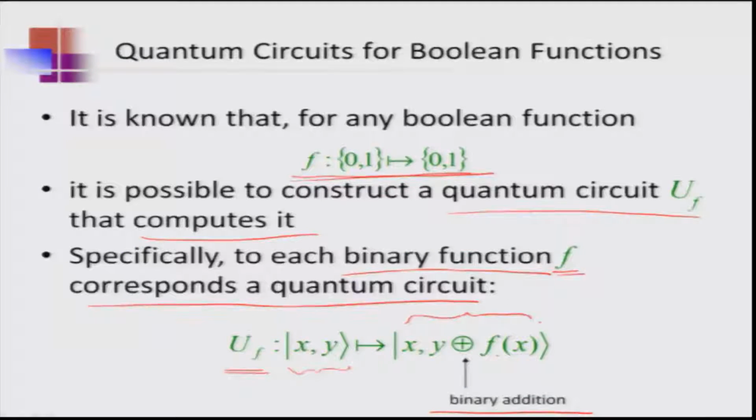So, here the binary addition is achieved on a particular bit out of the 2 bits that have been put in. In our particular case, these are the qubits that we are talking about, the x and the y, out of which x remains the same while the function y is undergoing the binary addition.